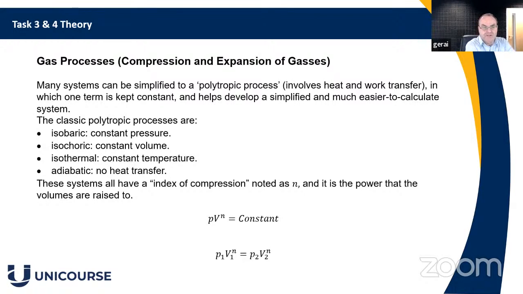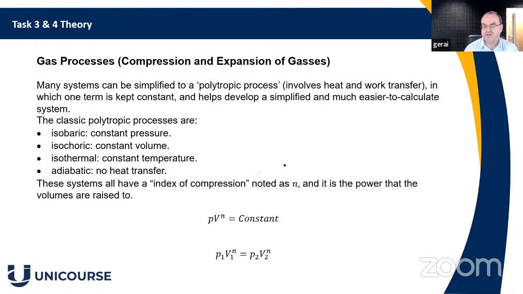Look at some gas processes. A gas process means a compression or an expansion of a gas. What we need to do is simplify what we had before. We had earlier P1 V1 over T1 is equal to a constant. We can simplify that in terms of pressure and volume, but we need to introduce something called the index of compression.